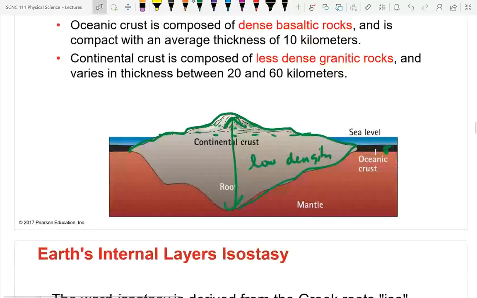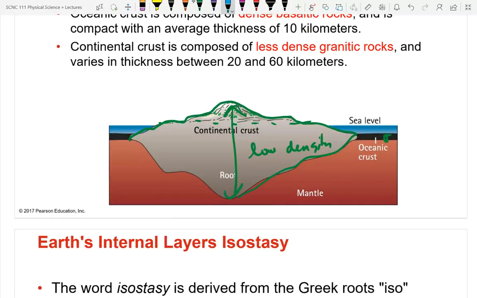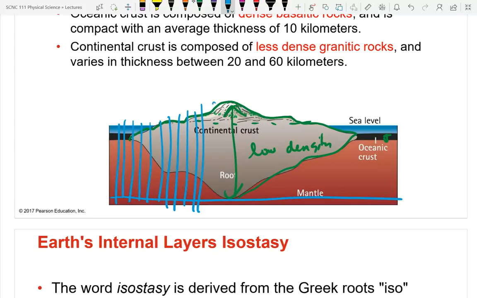You know, if I take a line here and I break it into boxes, the weight in each of these boxes needs to be the same. And if I have less dense material, then it's going to have a taller box to get the same weight in it.